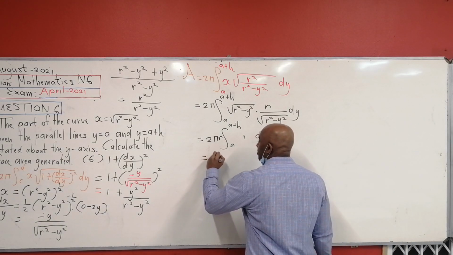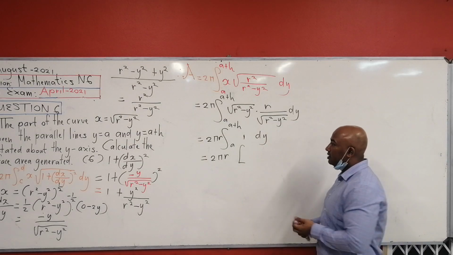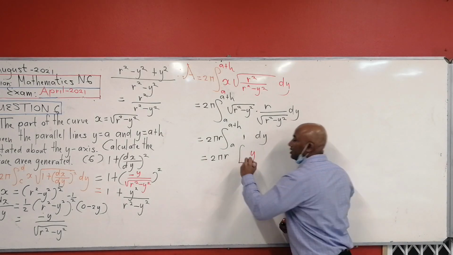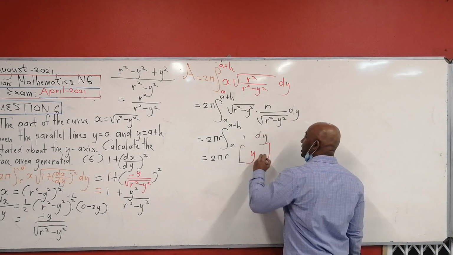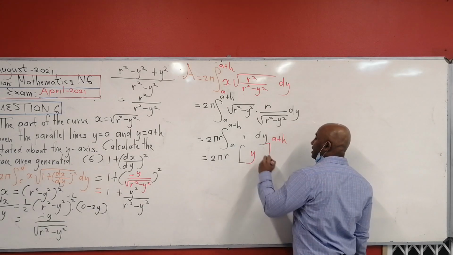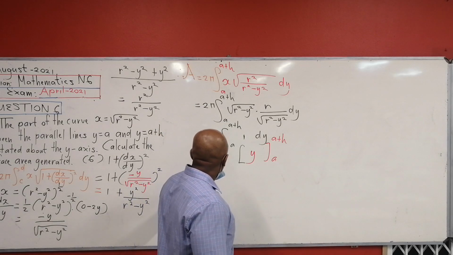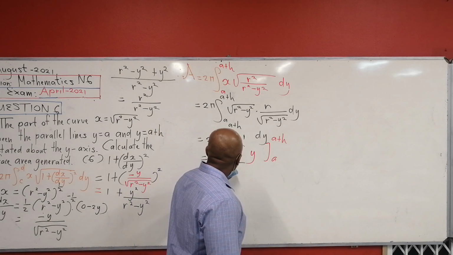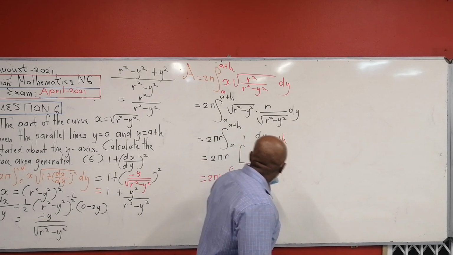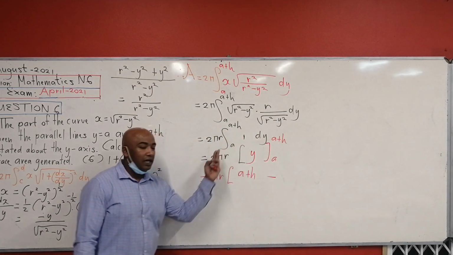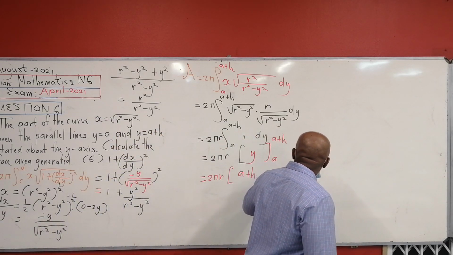So now I got 2 pi r, and if I integrate 1 with respect to y, what do I get? This is dy, and that's going to be y. You can see that? Integrate 1 with respect to y, that's y. So I'm substituting a plus h, and then a. That's going to be 2 pi r times (a plus h) minus, substituting my lower limit, a.